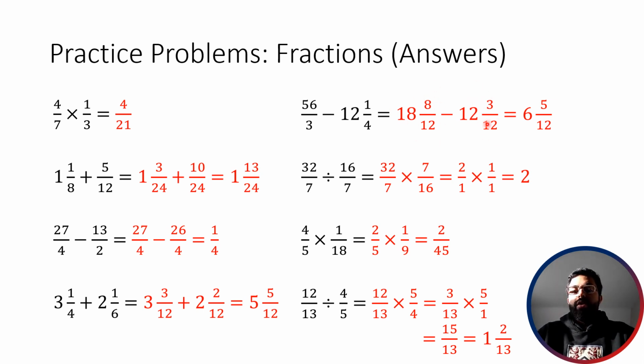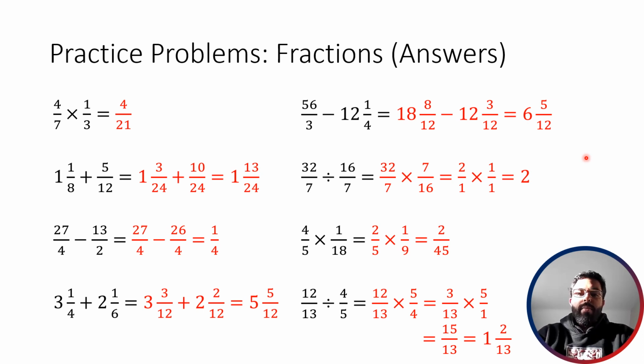I've shown it all in one step here, but if you turn this 56 over 3 into a mixed number, it's going to be 18 2/3, and then that 2/3 I had to get to a common denominator of 12 with the 1/4, which became 3/12, and then you just do the straight subtraction. Subtraction tends to be a little tricky because sometimes you have to do borrowing, and it gets confusing when you're doing borrowing with mixed numbers, but because this problem didn't run into any borrowing trouble, this way of going about the problem just makes things easier.